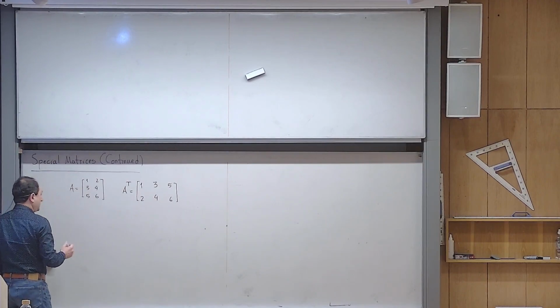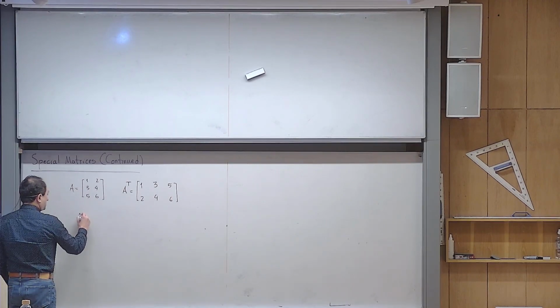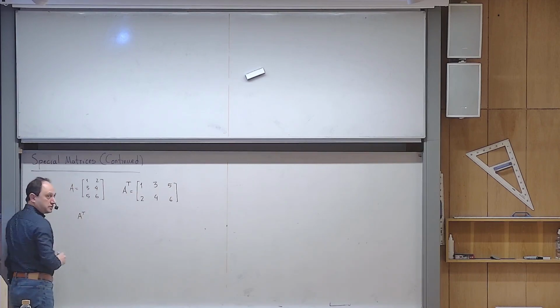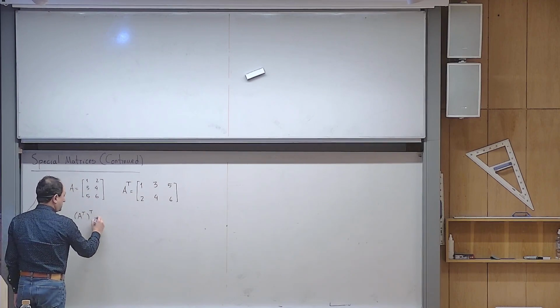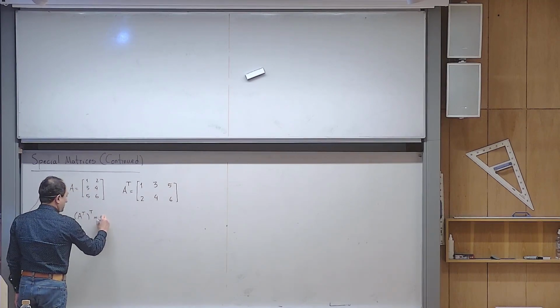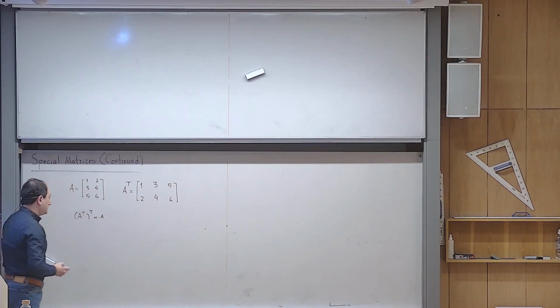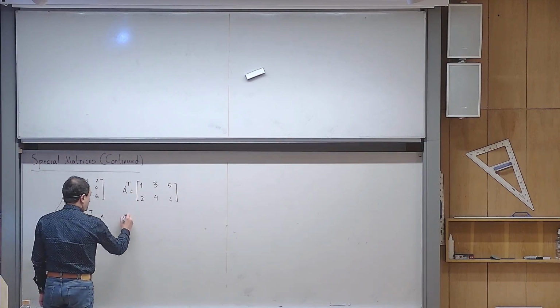For example, if I have a matrix, I transpose it once and transpose it again, it's not hard to see what I will get. I will get A itself. We also learned that if R is a number and I multiply it by a matrix, it becomes a new matrix.